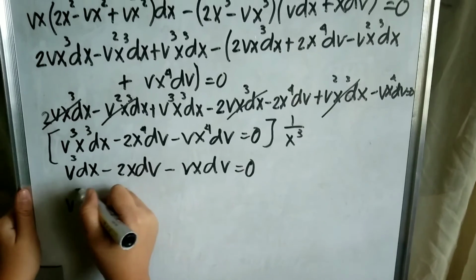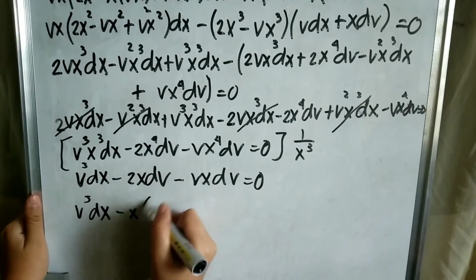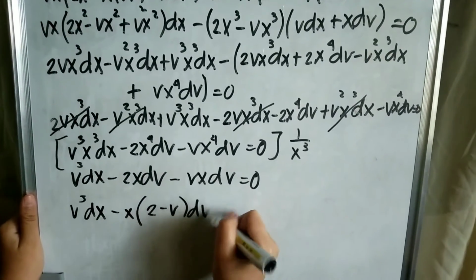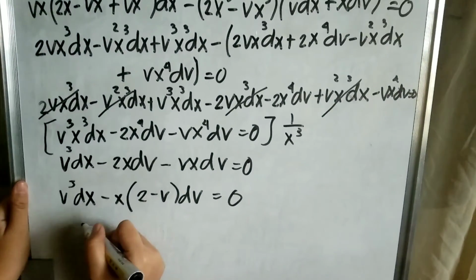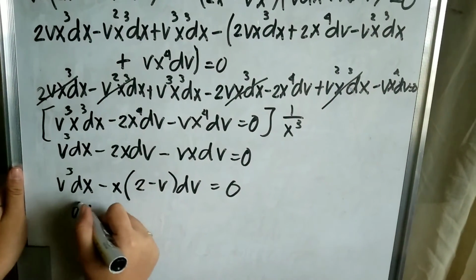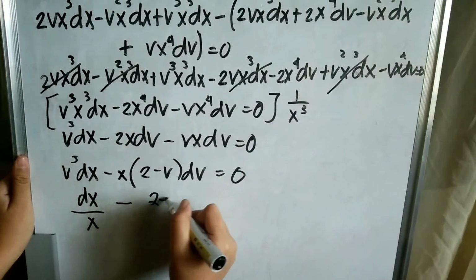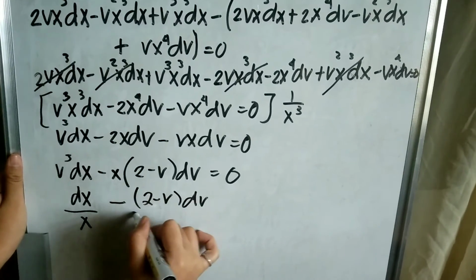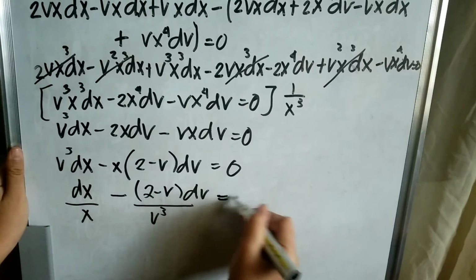So this will become v cubed dx minus x, factor out, (2 minus v) dv is equal to 0. And then proceed to variable separable. This will become dx over x minus (2 minus v) dv all over v cubed is equal to 0.